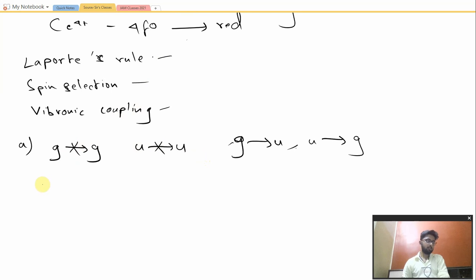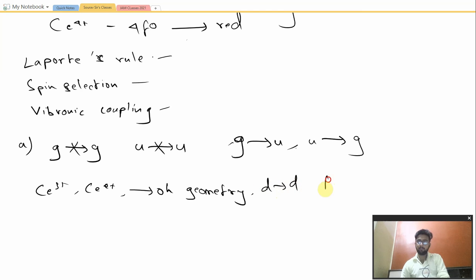We basically assume that both the Ce3 plus and Ce4 plus compounds would be having an octahedral geometry, and therefore for octahedral geometry d-d transition, or f-f transition, is occurring, and therefore these compounds are Laporte forbidden.